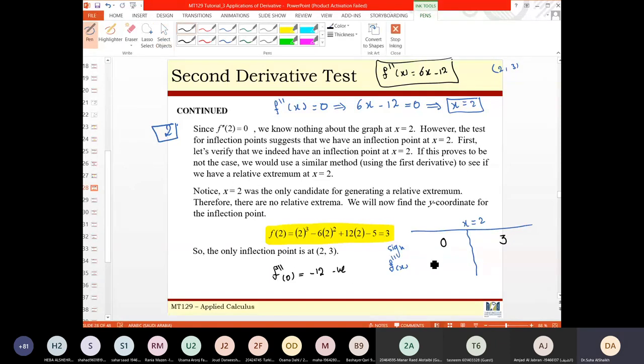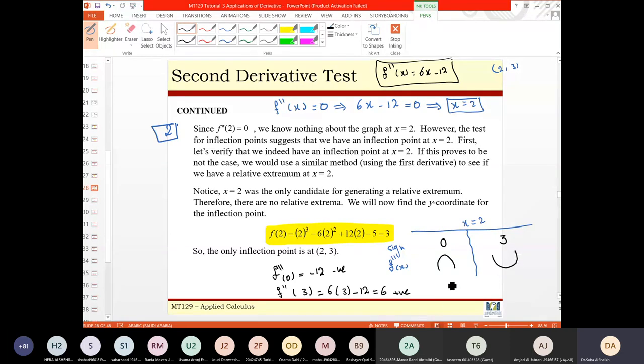It's negative, so it is concave down here. F double dash at 3 equals 6 times 3, 18 minus 12, so it's equal to 6, positive. So it is concave up.